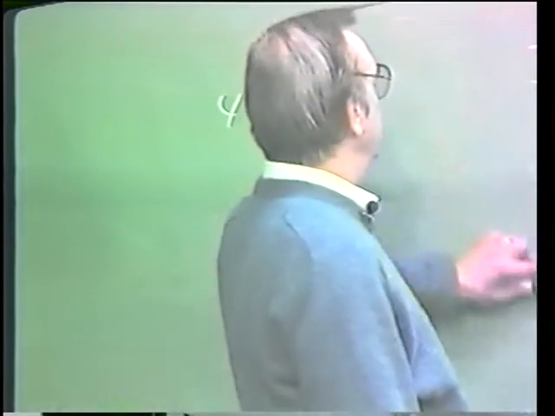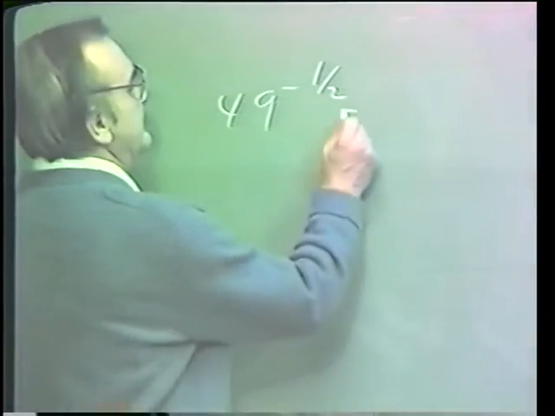Yeah, that's right. Let's see how we get 1/7. This is 49 to the -1/2 power.